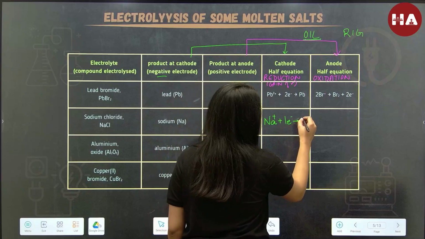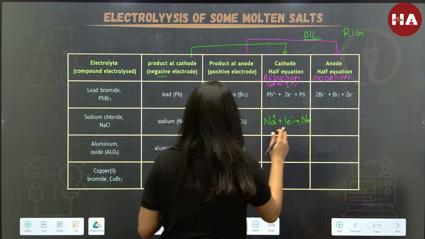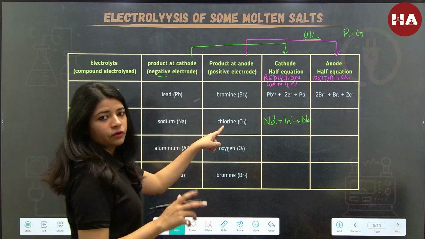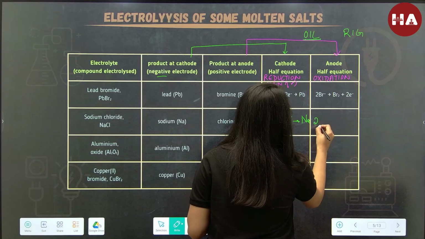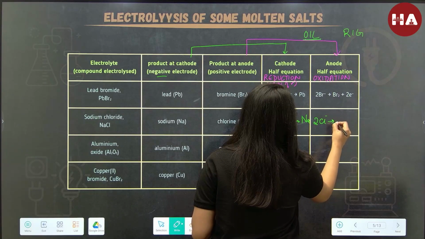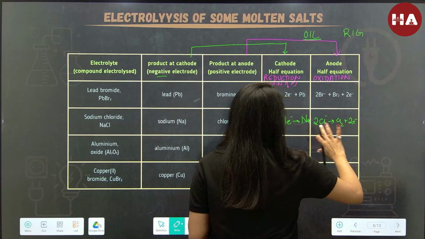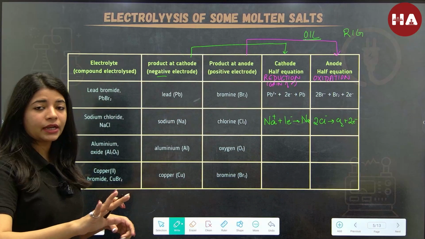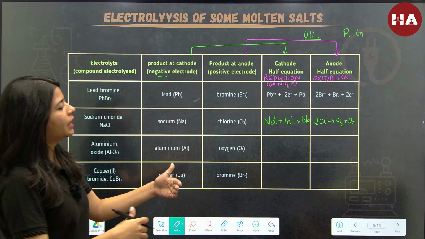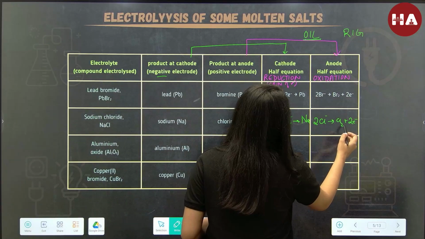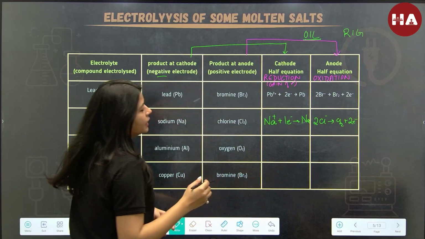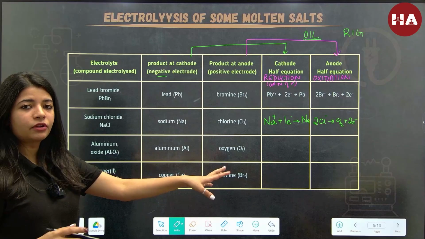Na plus plus 1 electron gives Na, and the non-metal over here is chlorine, right? So for chlorine, what will we write? 2Cl minus gives Cl2 plus 2 electrons, right? It is giving electrons, so I can say that it is getting neutralized after donating electrons.